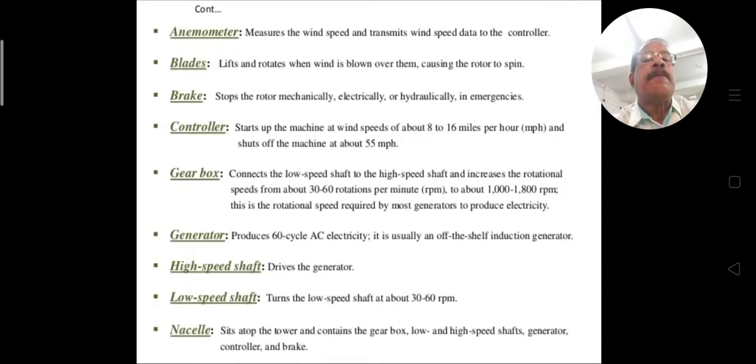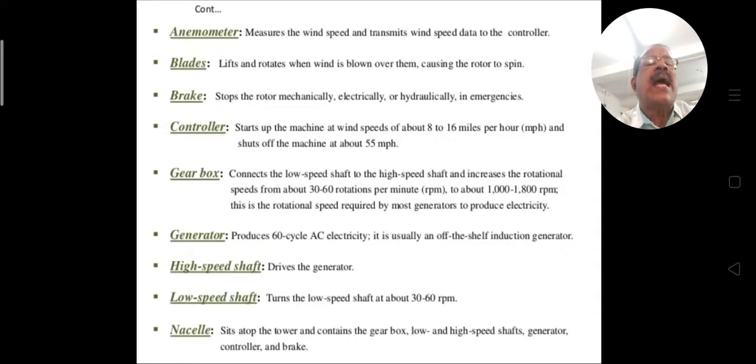And the controller. The controller starts up the machine at wind speeds of about 8 to 16 miles per hour, or roughly 12 to 24 kilometers per hour, and shuts off the machine at about 55 miles per hour.